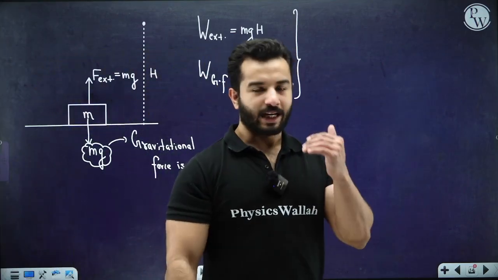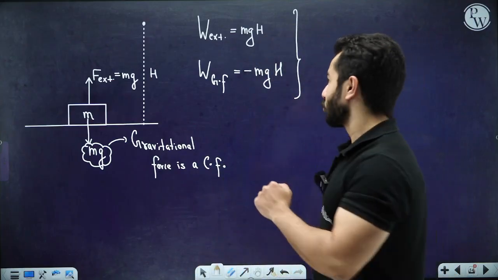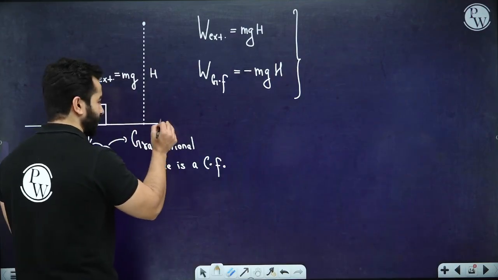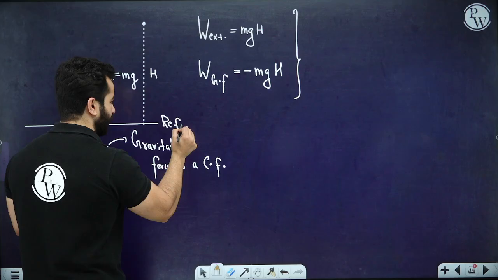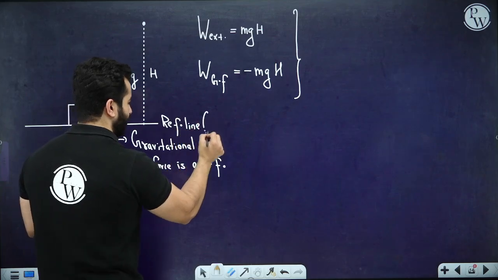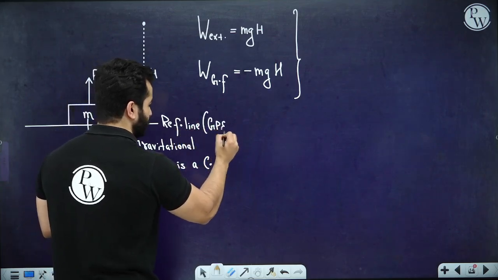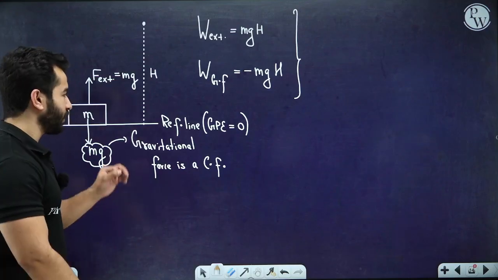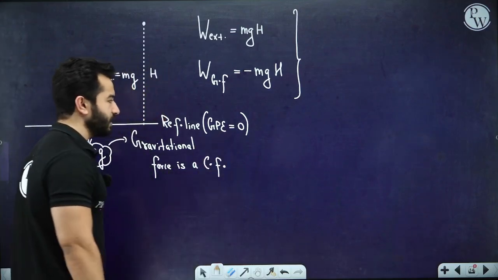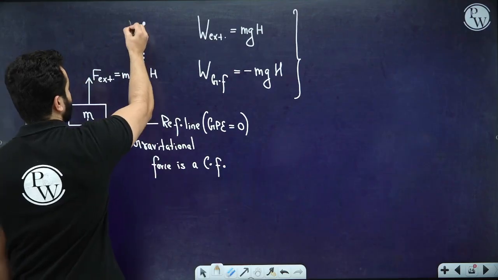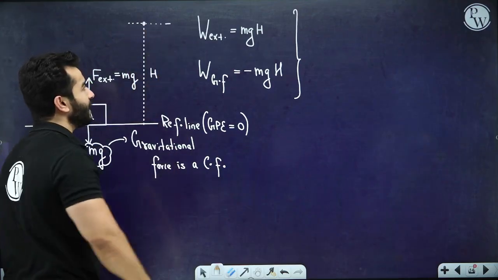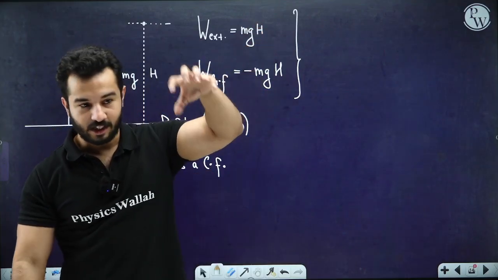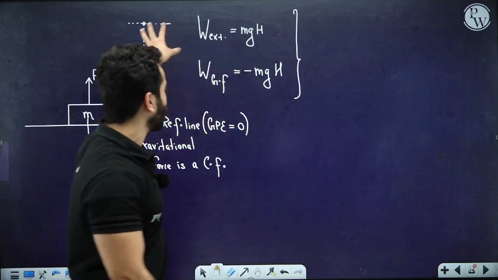Work done by or against a conservative force is recoverable. So please understand that we assume that this is the reference line, and we assume that gravitational potential energy of this line is zero. Let's just assume that gravitational potential energy is zero. So the gravitational potential energy at this point will be the amount of work done that the external force has done, because the external force has done the work on the body, so this will be stored in the body.